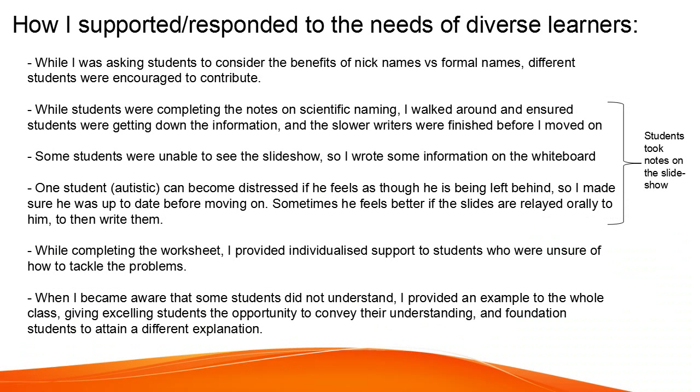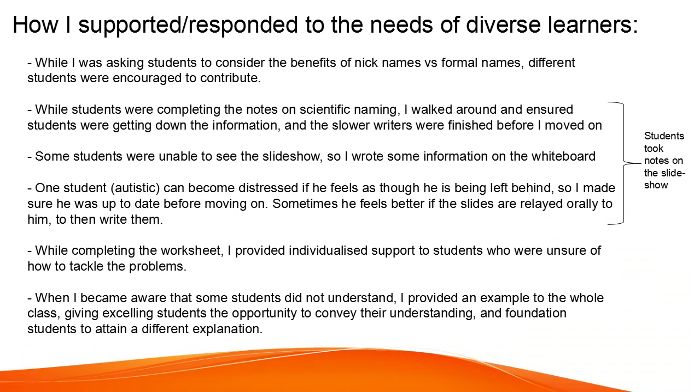So I responded to diverse learners during the lesson. When we did the pros and cons of nicknames versus formal names, I encouraged different students to contribute, and the more shy students, I encouraged them just to have a go, which they did, so that was good.